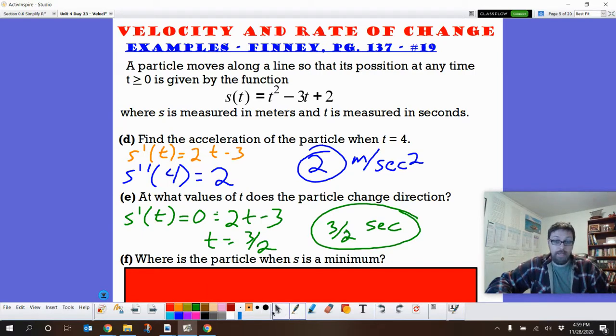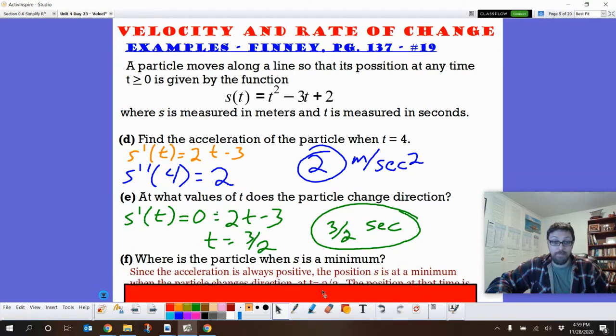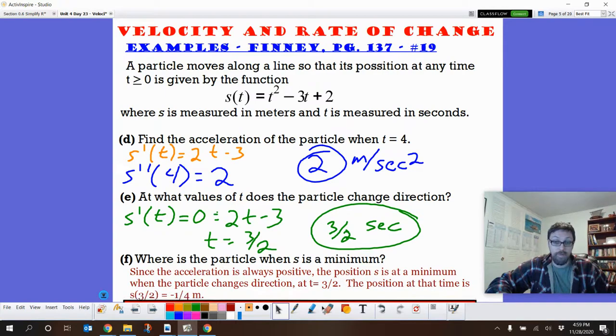When it changes direction, its position is at a minimum. The acceleration is always positive. Here's that same thing written a little bit better: position s is at a minimum when the particle changes direction at t equaling 3 halves. Position at that time is s of 3 halves, which is negative a quarter meter, a quarter meter back. So it starts going backwards and then speeds up.